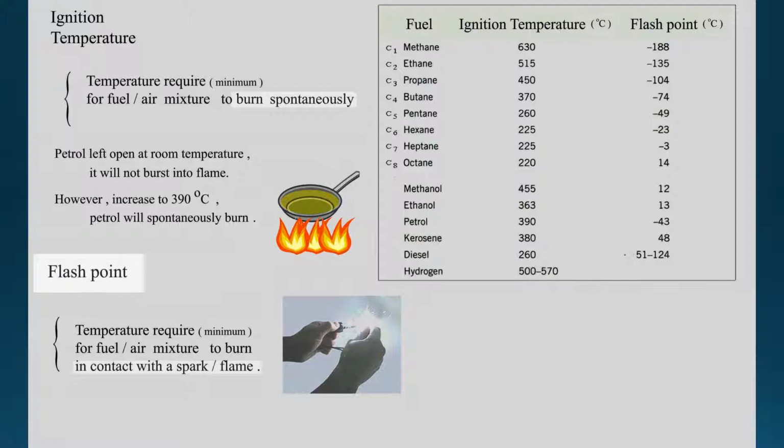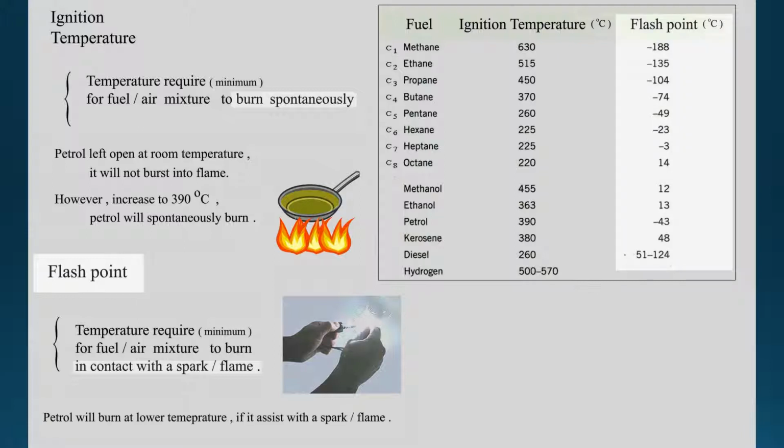You touch a tiny little spark or flame, and what will happen? It will burn. The point is, even though you heat petrol up and it's not easy to burn, if the petrol touches a tiny bit of a spark, it will be on fire.